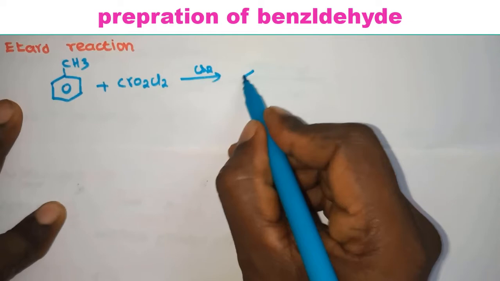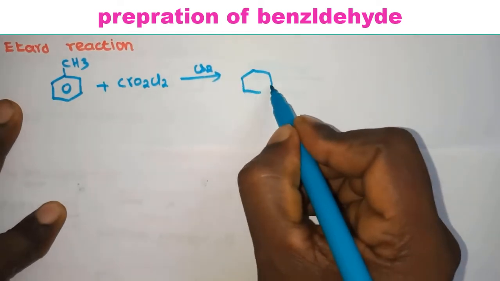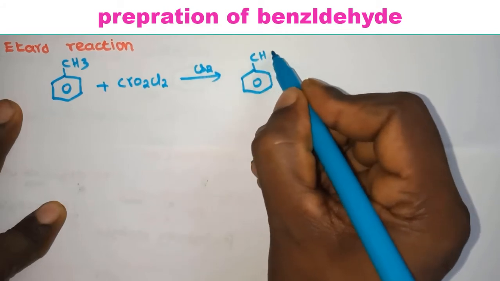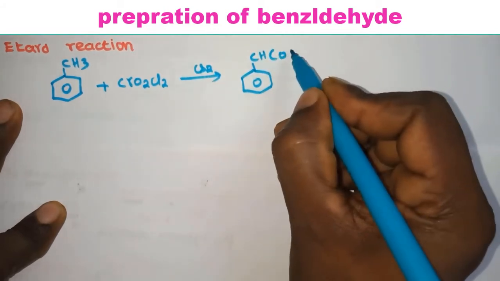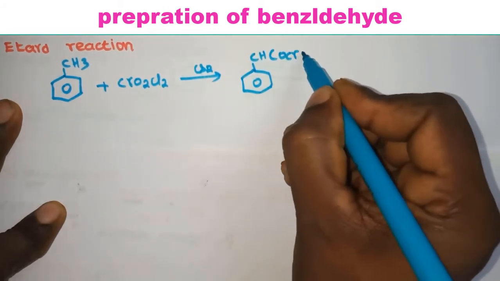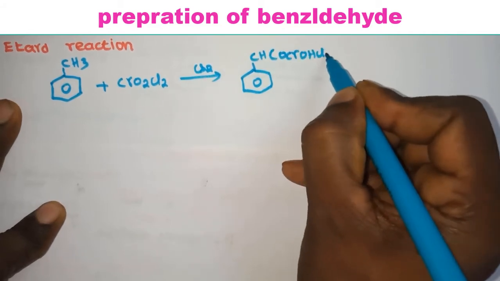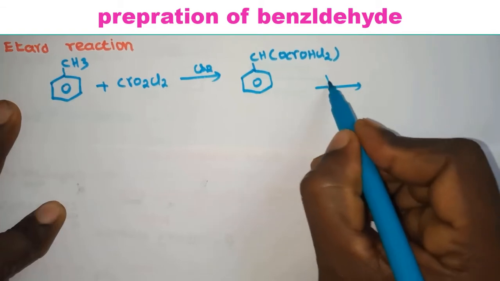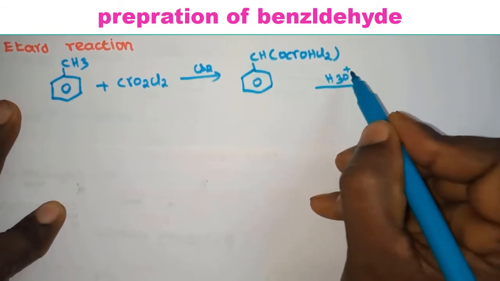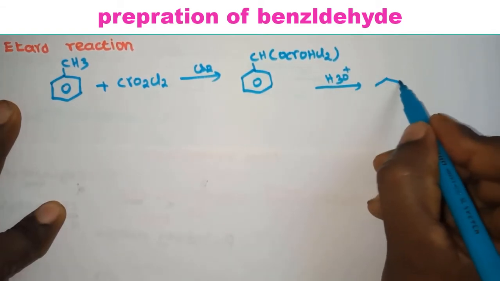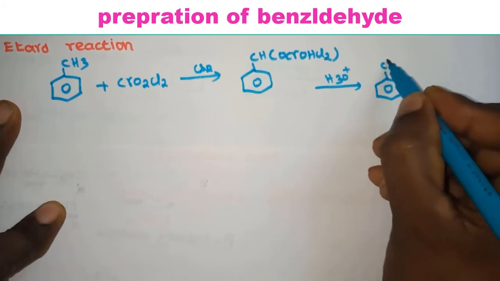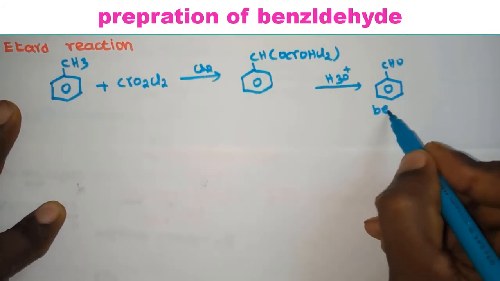An intermediate is formed, which on further hydrolysis gives benzaldehyde, C6H5CHO. This reaction is called the Etard reaction.